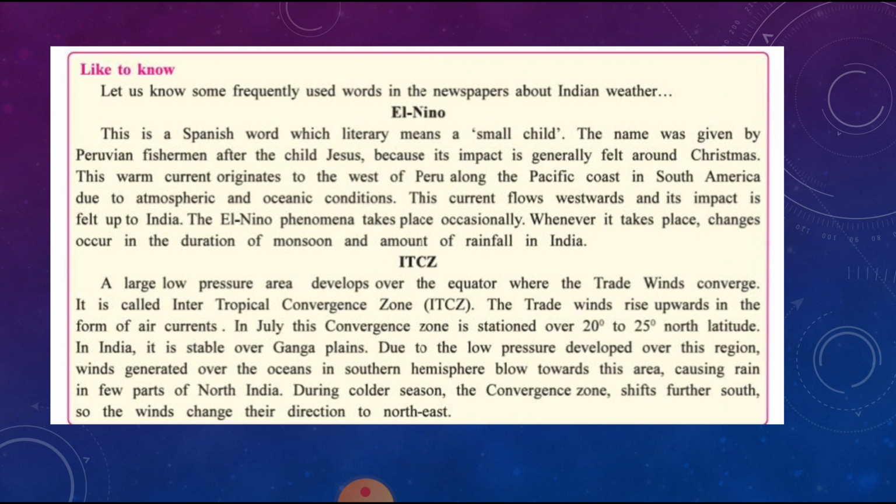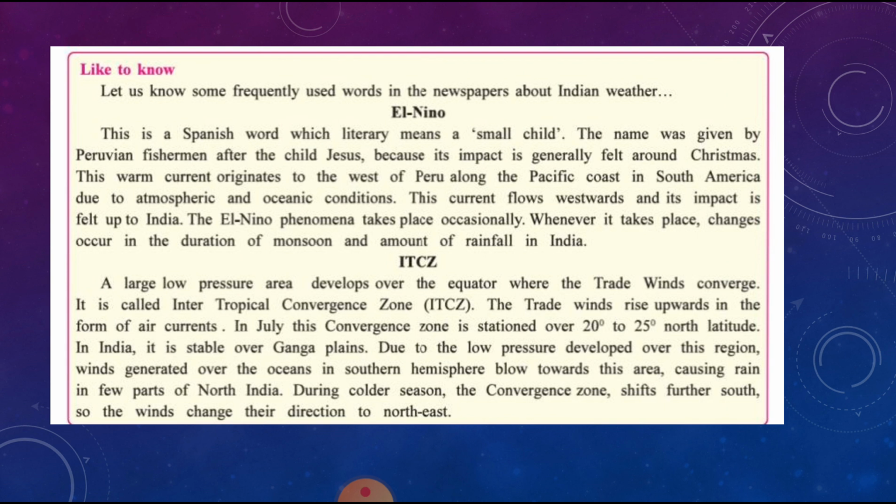And the trade winds rise upward in the form of air currents. See, the trade winds rise up in the form of air currents. In July, this convergence zone is situated over 20 to 25 degrees north latitude.